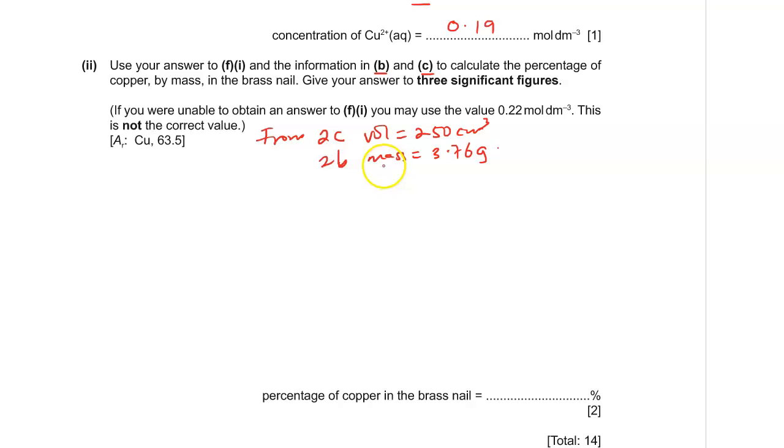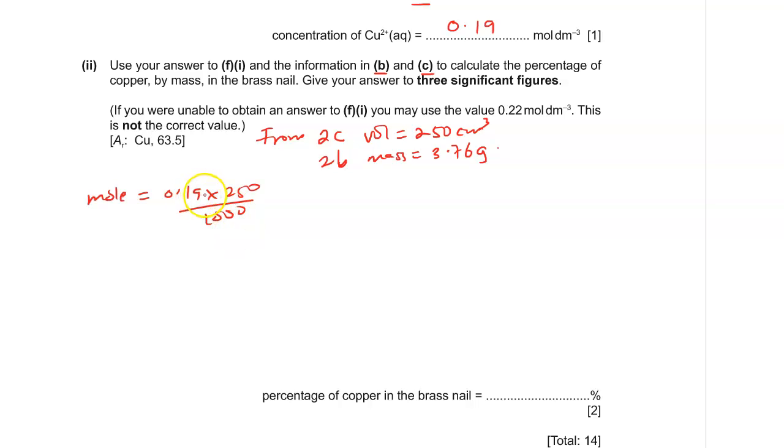Then, of course, to get the number of moles in 250, this is in a liter, moles of copper ions in a liter. So moles of copper in 250 will be equal to 0.19 times 250 over 1000.